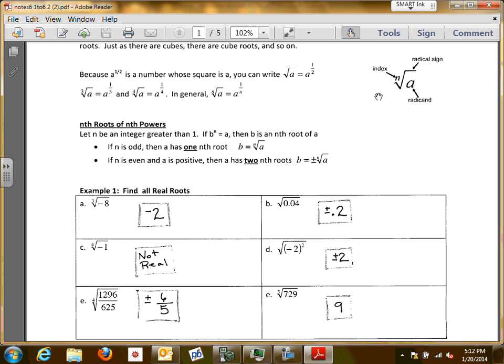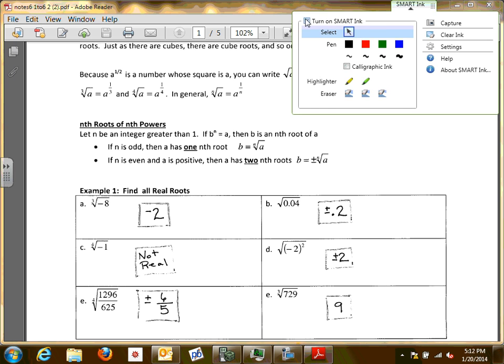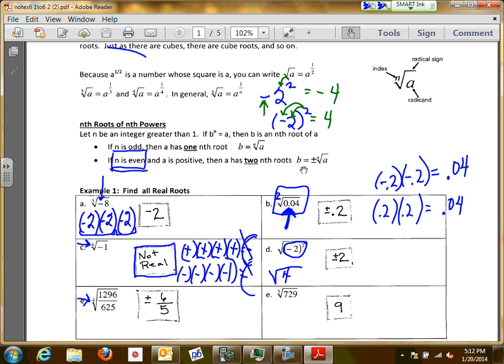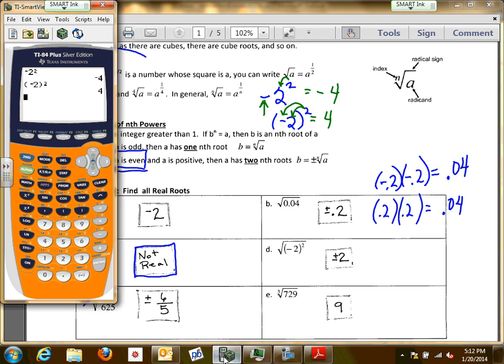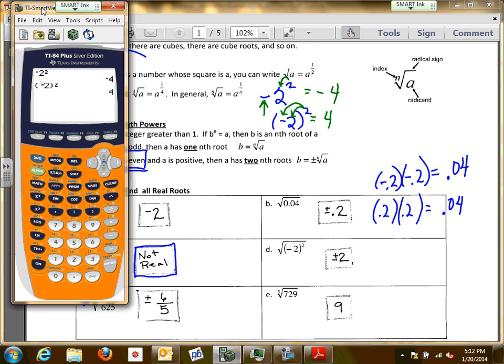Okay, E is saying we've got a fourth root. So if I have a fourth root, then I know that I need to have the inside be positive, otherwise it will be not real, like part C. And then the other thing is, let's talk about these big, huge numbers that we're just going to do in our calculator.